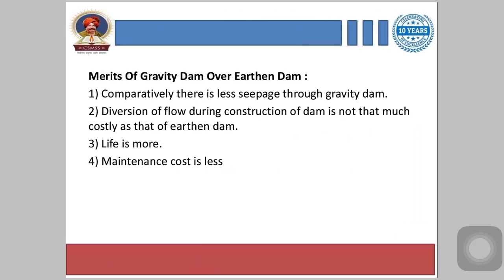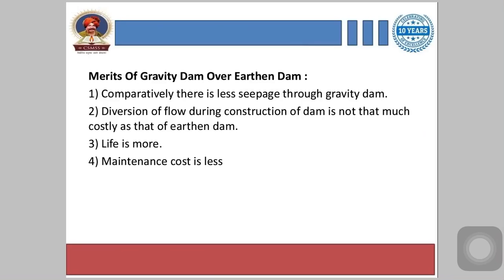And if we see the foundation, earthen dam is suitable on almost any foundation, and gravity dam is suitable when the foundation is of solid rock having no fissures, cracks, cavities, etc.